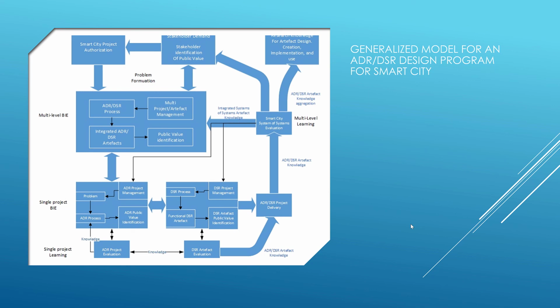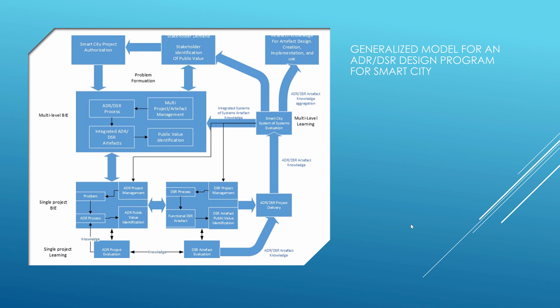Each ADR DSR process at the city level is looking at the integrated set of data and the holistic data from all the city systems as a whole. Public value here is optimized for the city as a whole, and anything that exists at this level can be used by any new single project. That's part of the goal there.